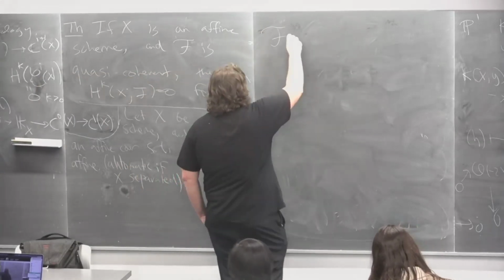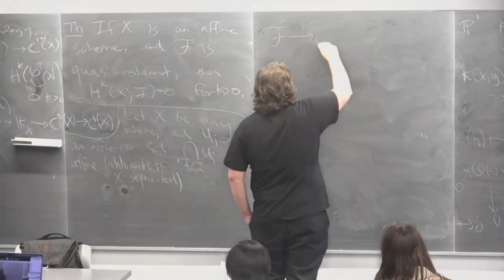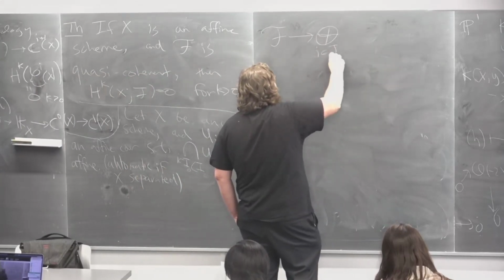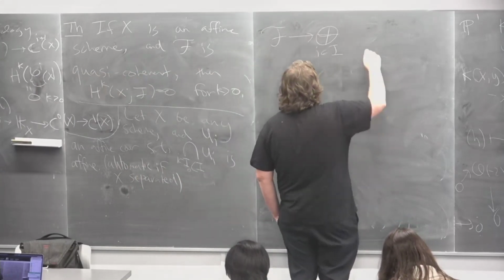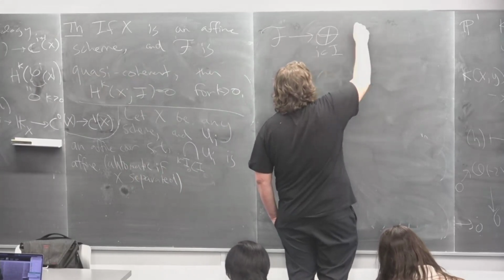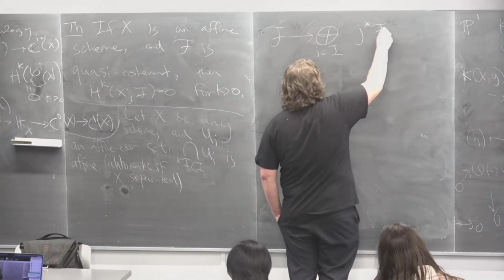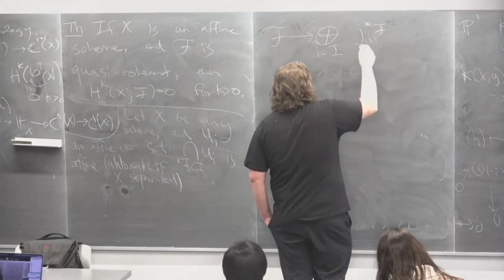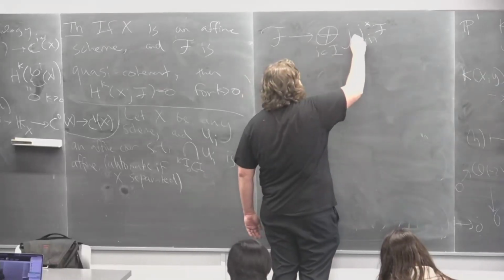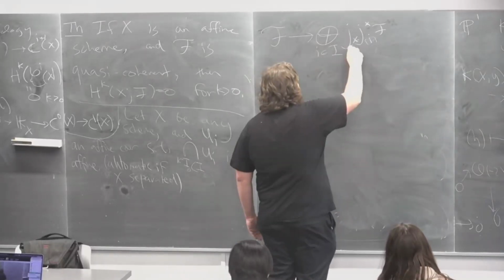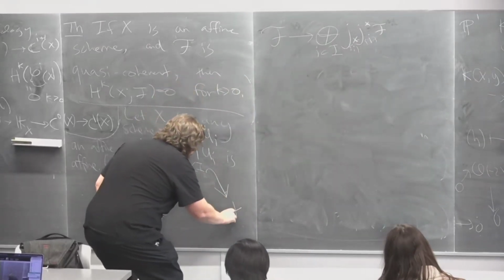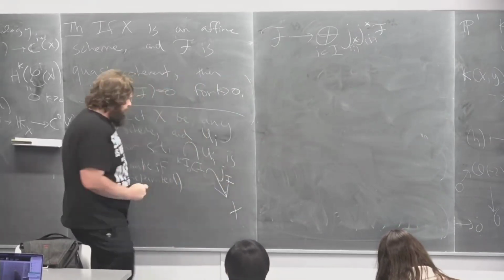So I can take F, and then I can map it to the sum over my indices of the pullback of F by the inclusion of U_i, and then take the push forward. I'm going to call the inclusion of this into X, j_i.